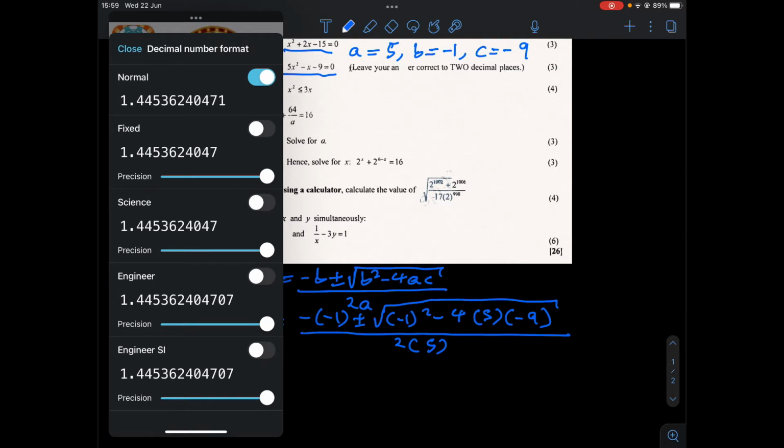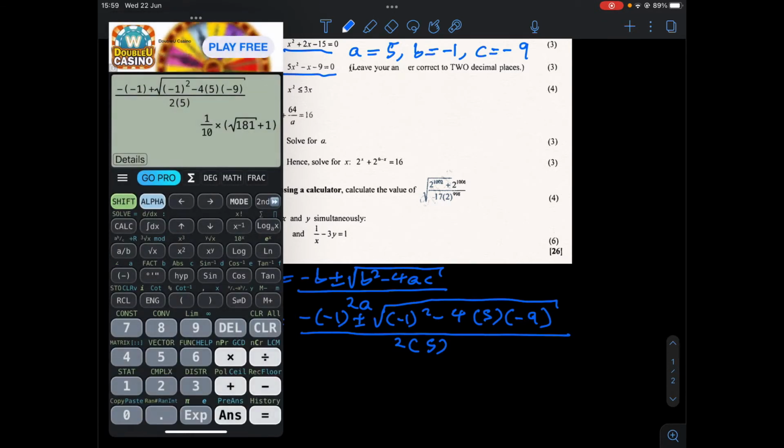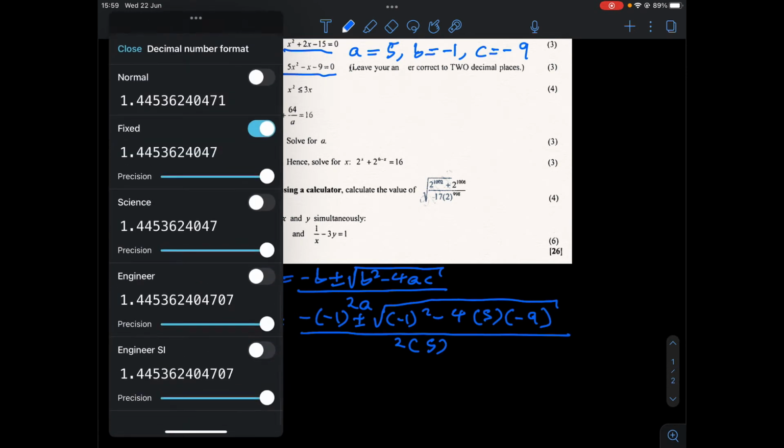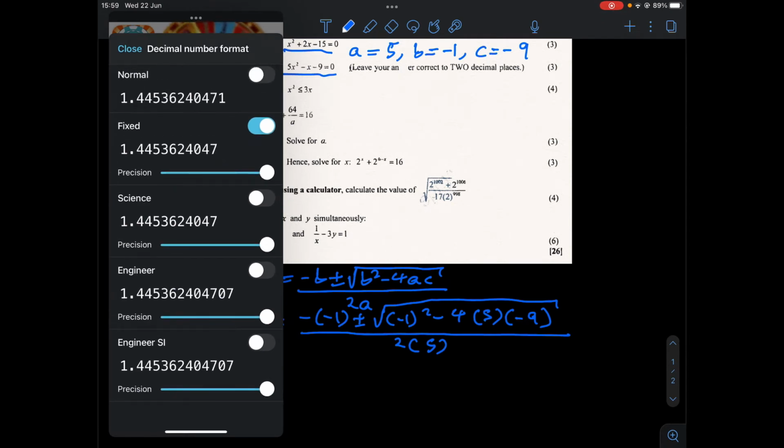There is the answer in decimal places. Alright, so x is 1.45.